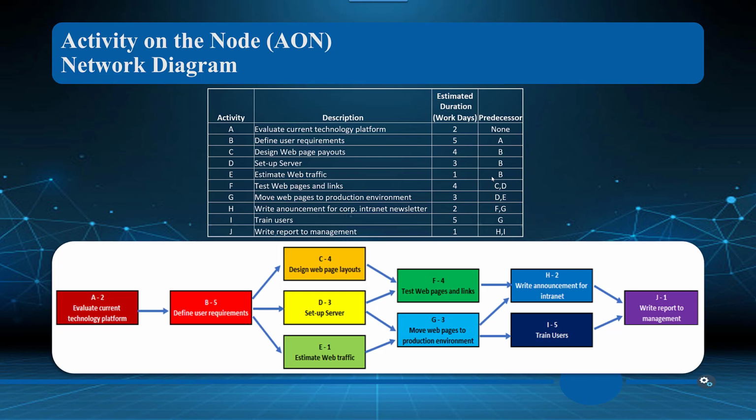Okay, and then we get down and we go to F, and the predecessor for F is actually just C and D, which means we're going to need to complete or be partially through C and D before completing F. Now, sometimes what you might want to do, if we can actually start F with C and D partially completed, maybe it's software testing is F, right? Test web pages.